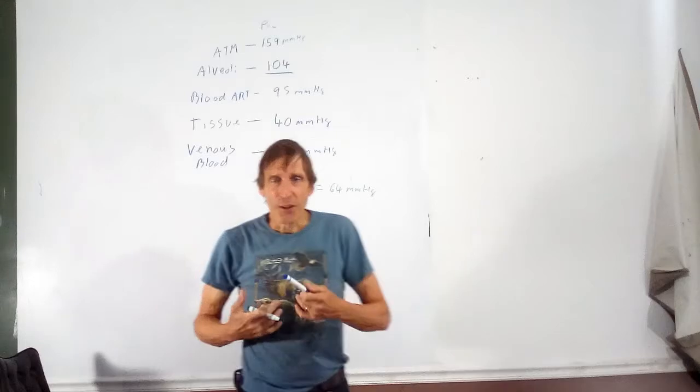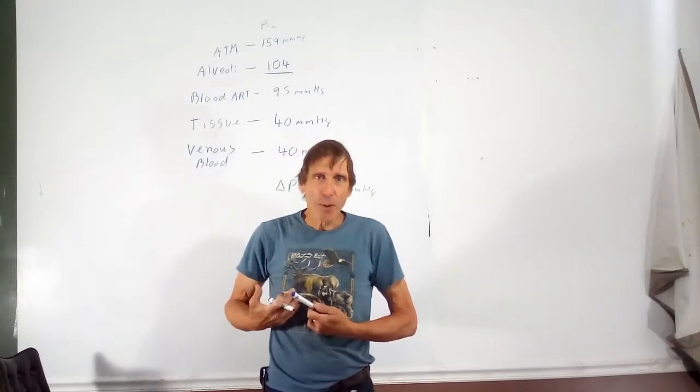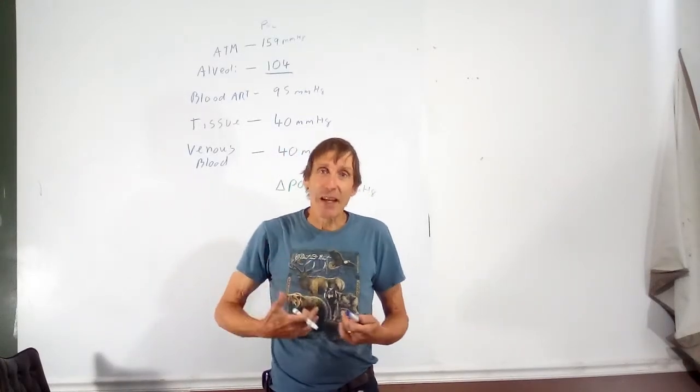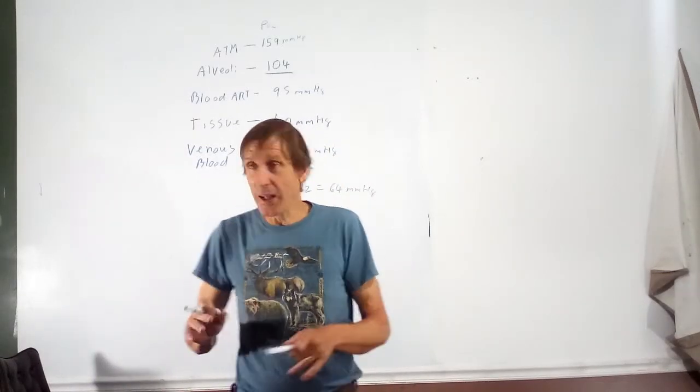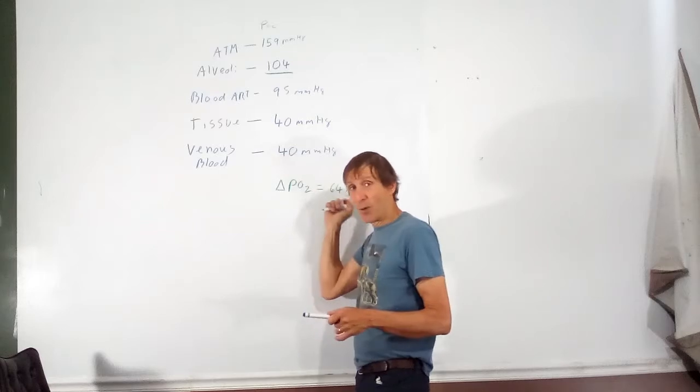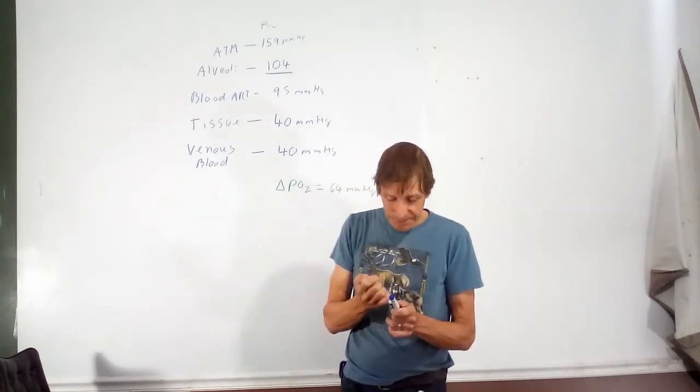That's a partial pressure difference between the blood coming into the pulmonary capillaries and the air in the alveoli. So that is a concentration gradient. That's what's pushing the oxygen into the blood. The difference in PO2 is 64. Remember that, because I'm going to come back to it.